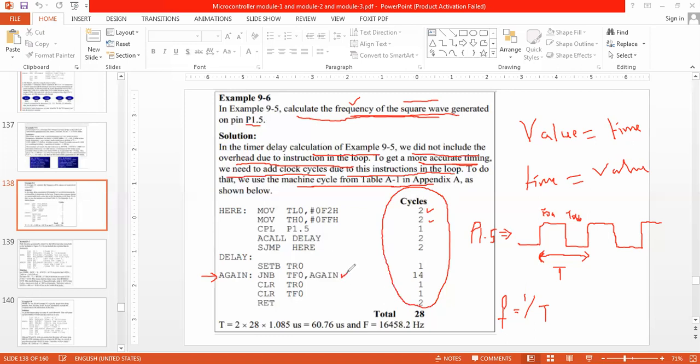If you want to calculate only the delay, then this is enough. All other machine cycles are called overhead clock cycles. Understood? What is an overhead clock cycle?